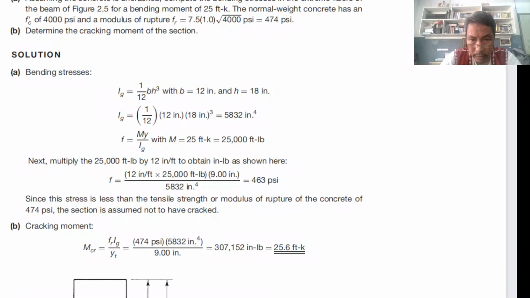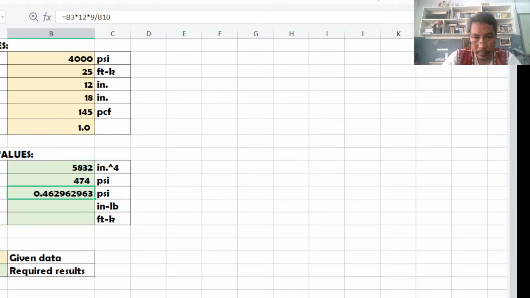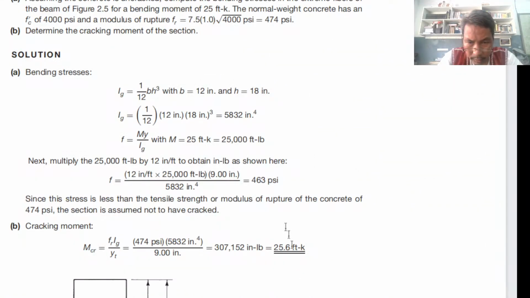The value must be multiplied by 1,000. Let us click this one several times. So 463. So is the answer 463? So 463. Okay.